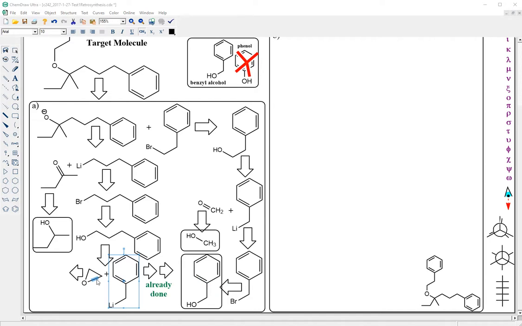We need to review that epoxides are made from alkenes. And alkenes are easily made from alcohols.